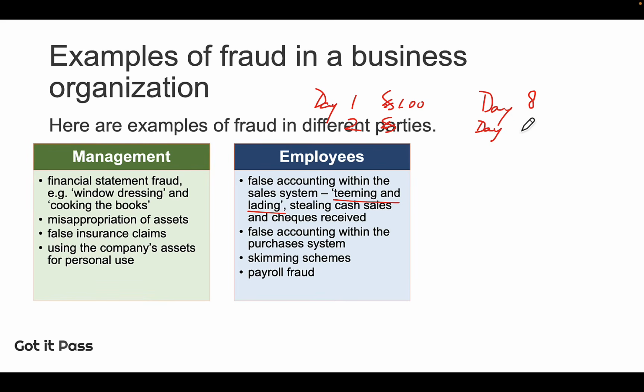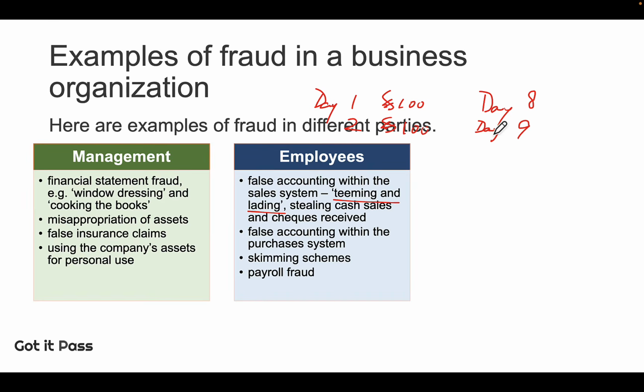So how does the teaming and netting work here? Because for day 1, the $100 sales will be collected on day 8, and the same pattern for the invoice issued on day 2, the cash will be collected on day 9.